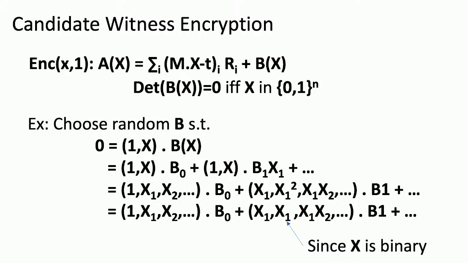So the first matrix is what allows me to evaluate the actual instance of the subset sum problem, and this B is what forces me to be in {0,1}^n. If I try to evaluate this whole A on a vector that's not in {0,1}^n, this thing here is already going to make my determinant non-zero, and then it doesn't matter what happens over here.